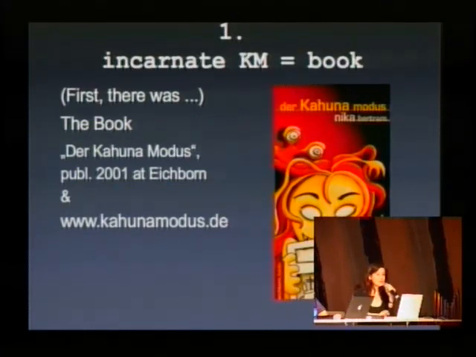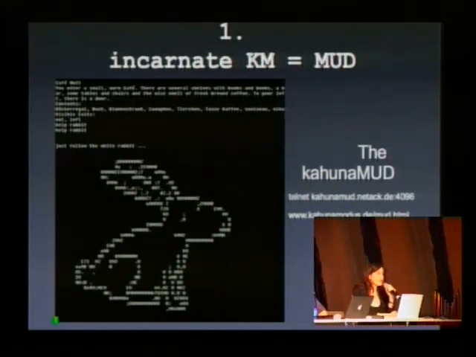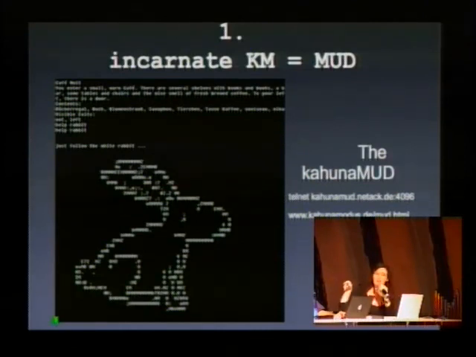So I thought, well, why not also create a MUD to this story, which I called the Kahuna MUD. It's still alive, it's still up and running. You find it on the website at kahunamodus.de/mud.html.